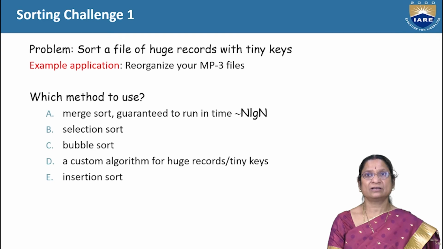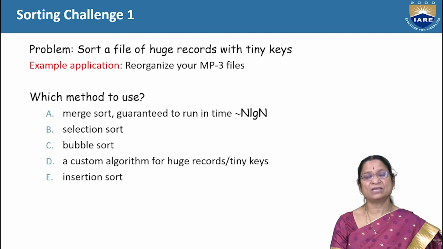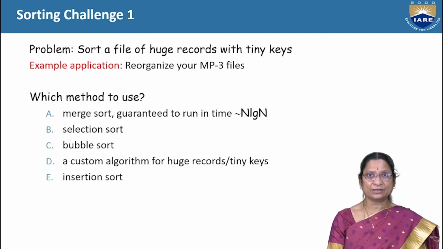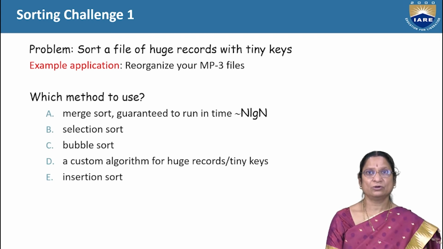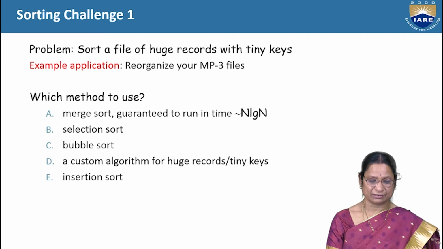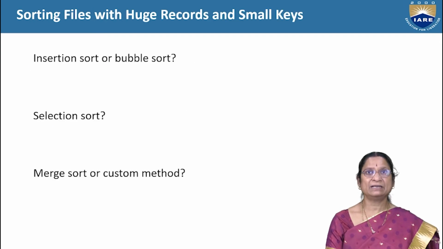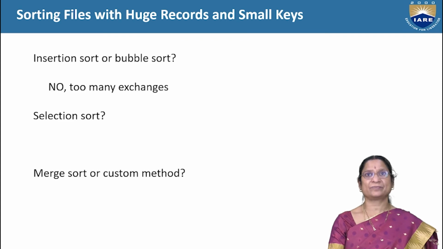Merge sort, guaranteed runtime of approximately n log n; selection sort; bubble sort; or a custom algorithm for records with tiny keys. Custom algorithm means we have to generate our own algorithm. Or insertion sort. Which one is better? First we'll consider insertion sort or bubble sort, because insertion sort and bubble sort are based upon incremental exchanges and have the same complexity.